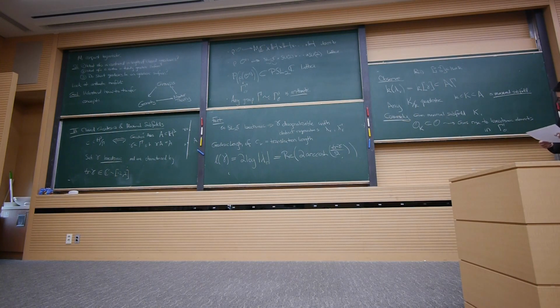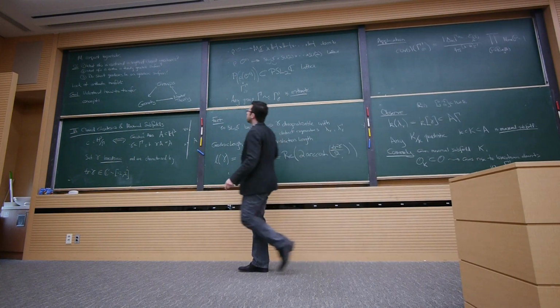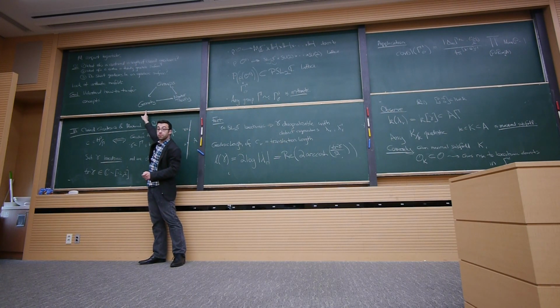So the big point is that we have a correspondence. Geometry gives us maximal subfields, and given a maximal subfield, we get geodesic lengths. Okay, so filling out this picture here.